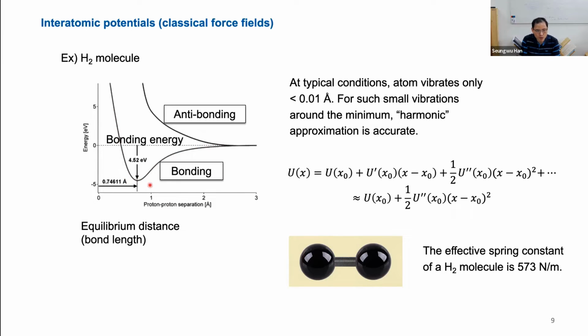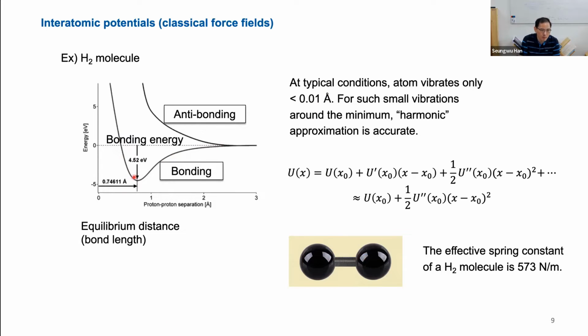Okay, so we actually do not know much before we measure or calculate quantum mechanically. But the good thing is that you do not need to know the whole potential curve, because at a typical condition, at room temperature or even maybe several hundred Kelvin, the atom vibrates.